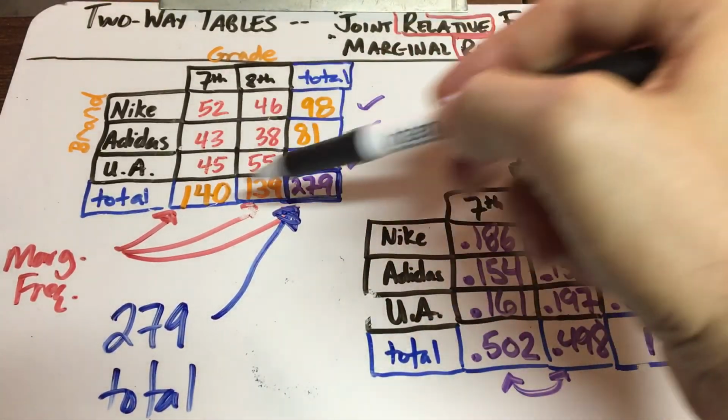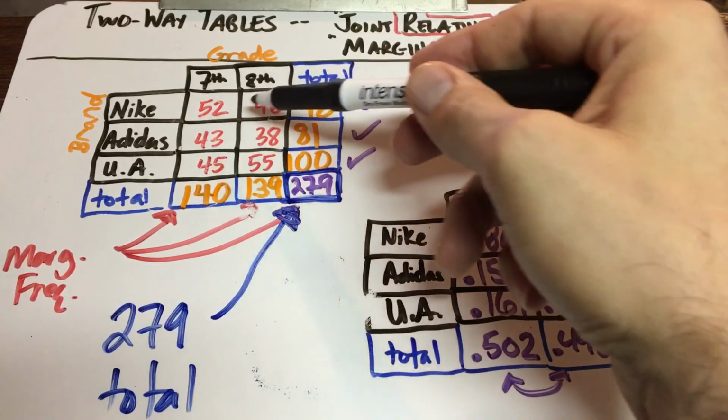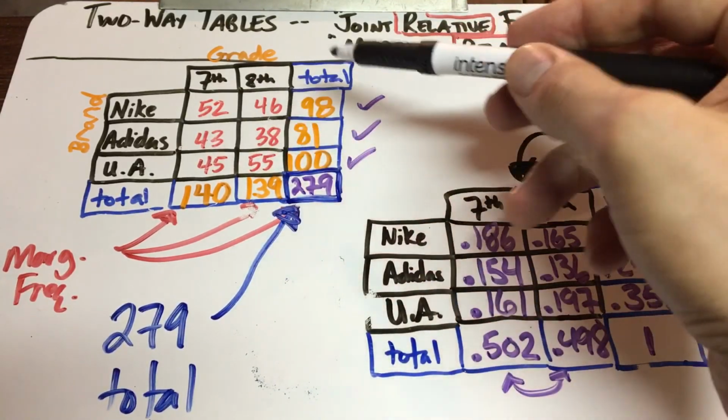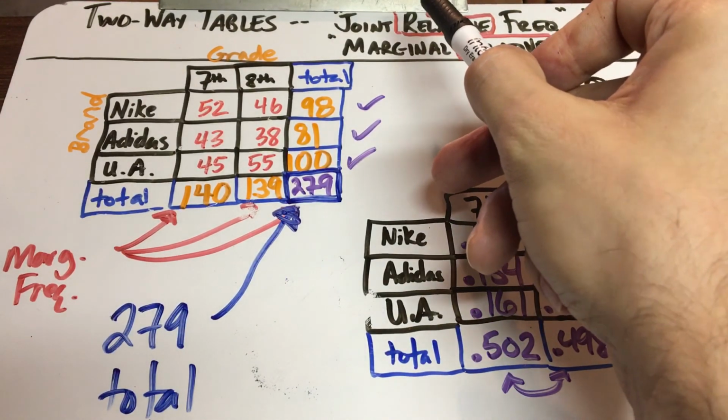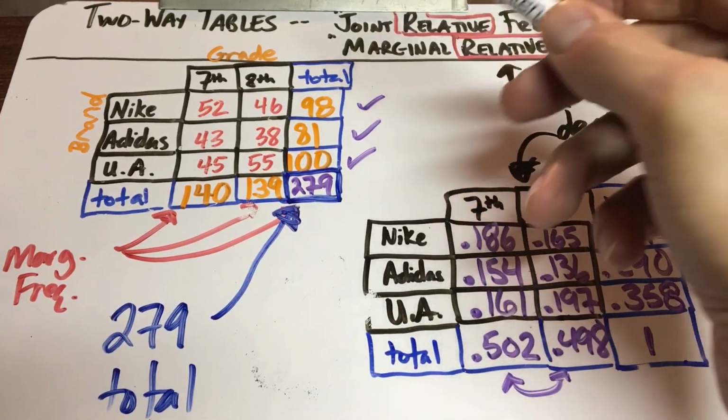What we did up here is called their marginal frequencies and joint frequencies. This just uses the actual numbers. When they ask for the joint relative frequency, did I say that right? Let me go back.